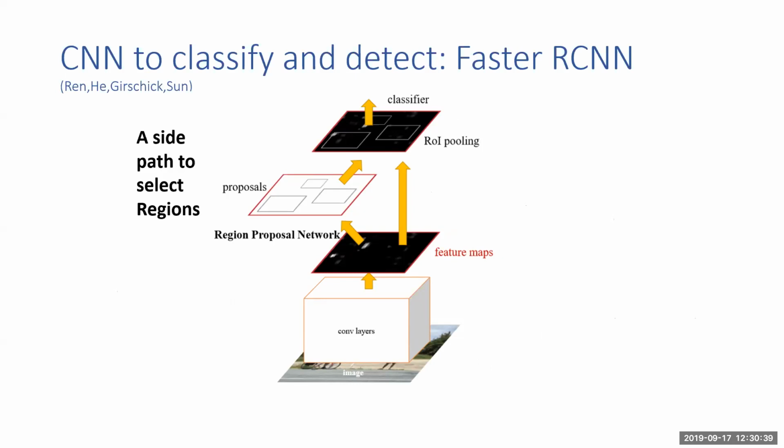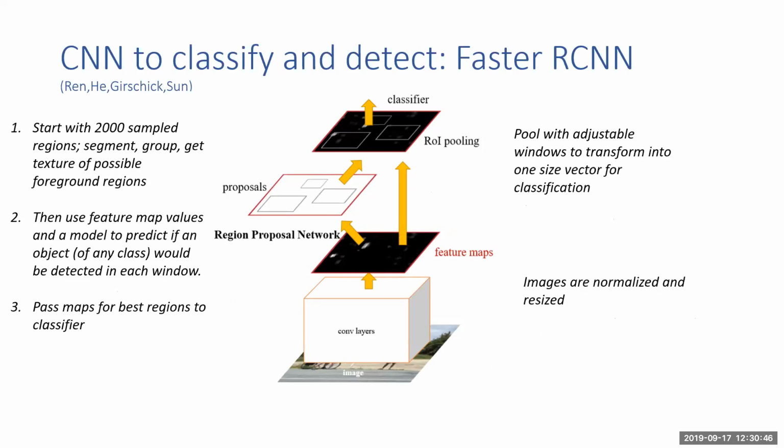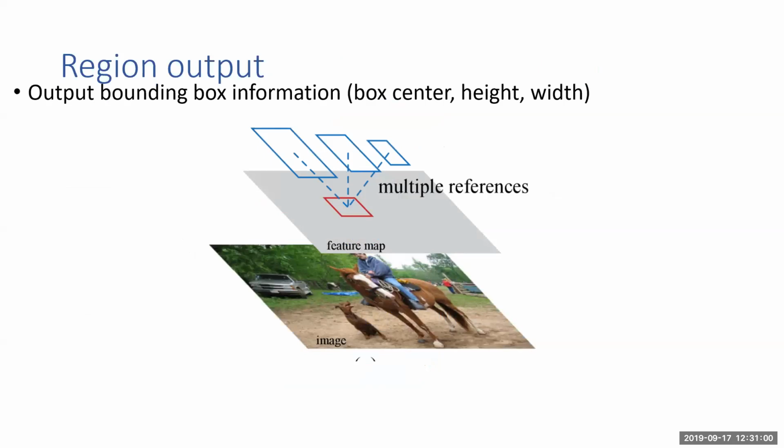That takes a separate part of a convolution network to produce predictions of where the boxes are. These take a bit longer to run because you have to propose certain regions and try them out, with a different kind of pooling. You end up with bounding box information that gives you a box center, a location in the image, and the height and the width. This is what gets predicted besides the classification.